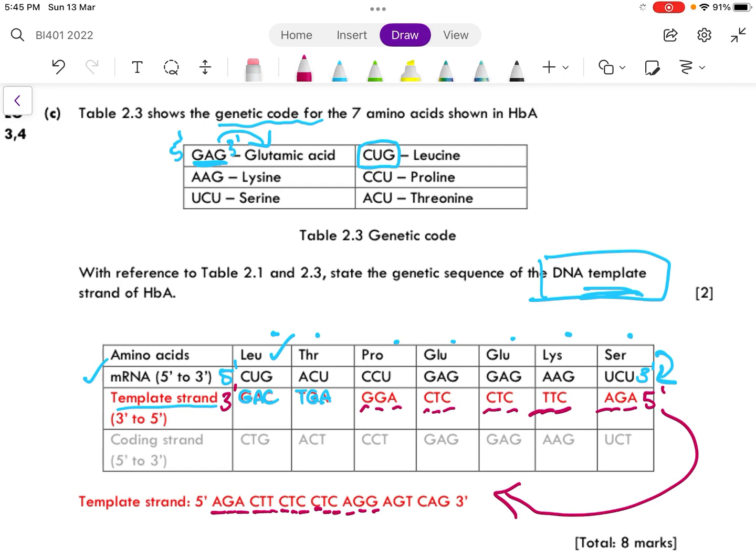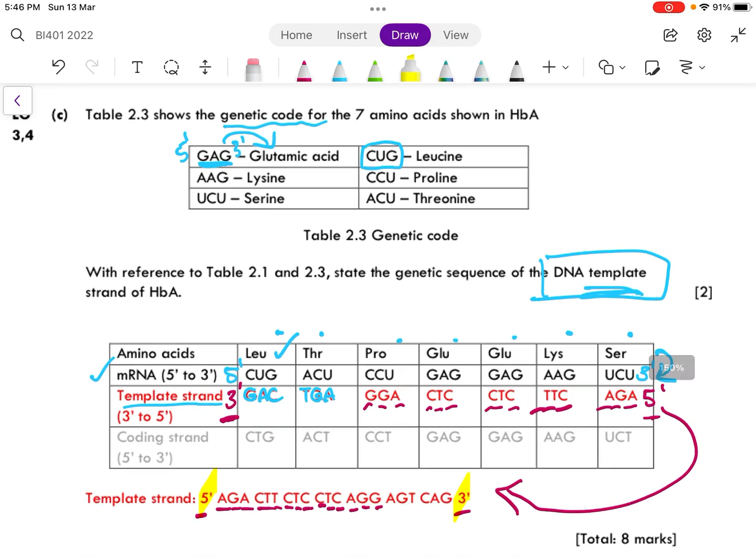So there are two ways you can write the answer. You can write it in the 3' to 5' direction, or the 5' to 3' direction. But don't forget to write the directionality so that we know which way to read it. That is how you do this particular question.